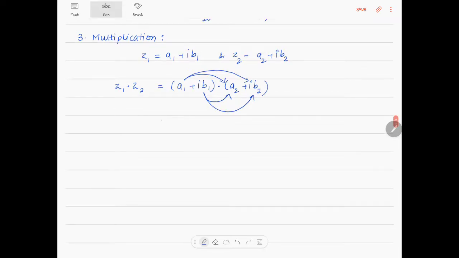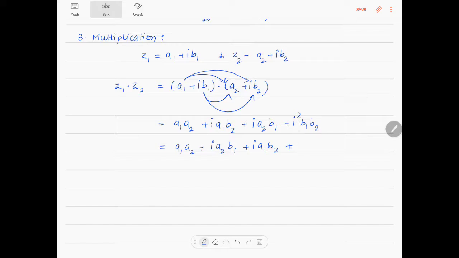From here, if we carry out the simplification, we have a1 a2 first, then plus i times a1 b2, then plus i times a2 b1, and then plus i square times b1 b2. But clearly, we understand that i square is minus 1. I have written the two terms in the opposite order, so don't be confused about it.